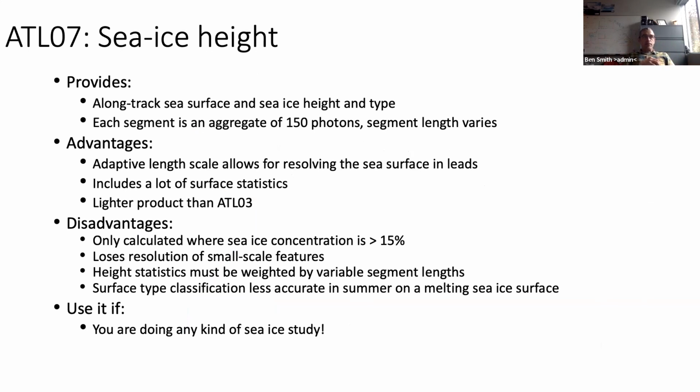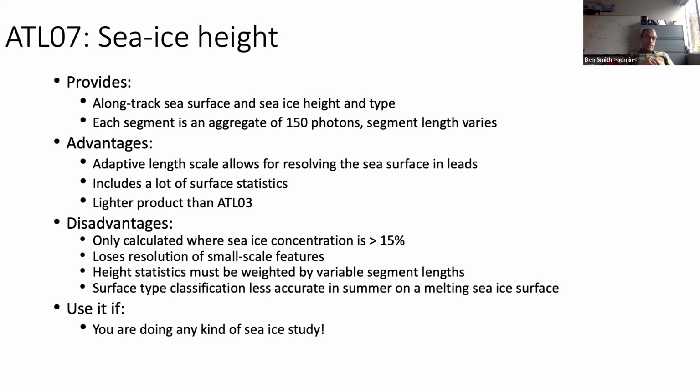It uses an adaptive length scale rather than the fixed length scale that ATL06 used to help resolve the sea surface in relatively narrow leads. So the idea is that you just collect 150 photons and talk about the statistics of those photons. So you get finer resolution on a brighter surface and coarser resolution on a dimmer surface.